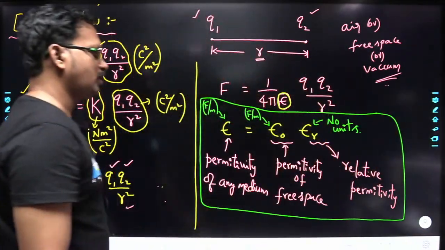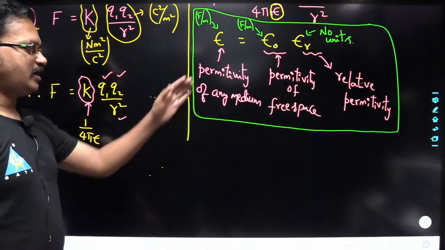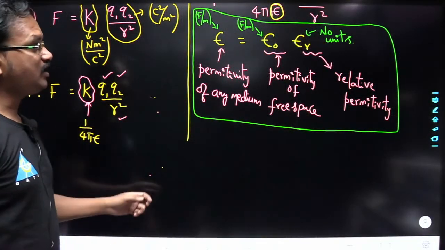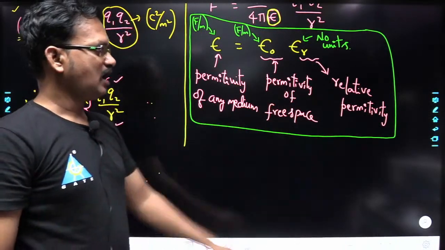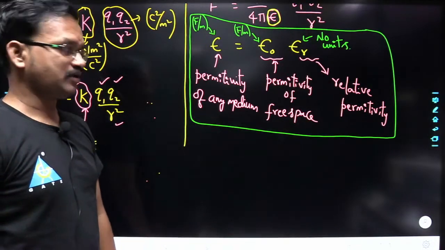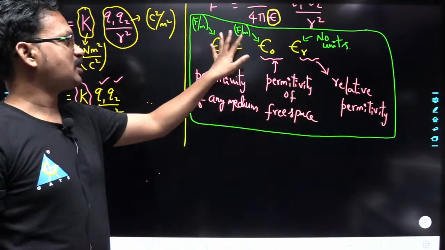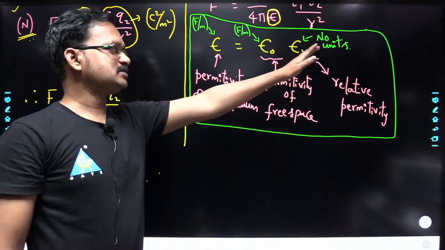So epsilon is equal to epsilon naught into epsilon r, where epsilon is the permittivity of any medium, epsilon naught is the permittivity of free space, and epsilon r is the relative permittivity. The units of epsilon and epsilon naught are farad per meter, and epsilon r has no units.